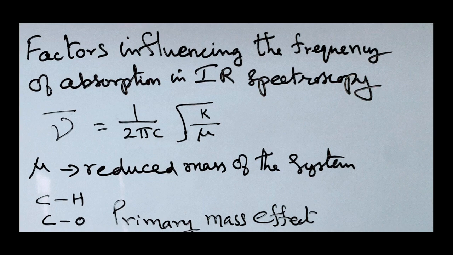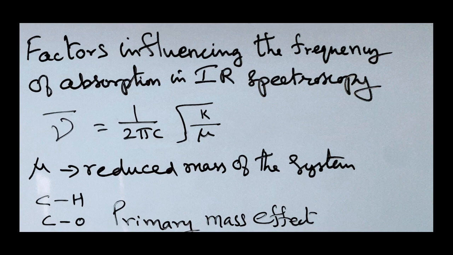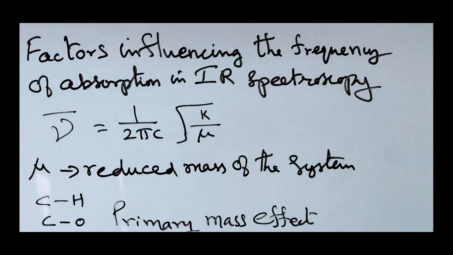Sometimes if it is a molecule of a cyclic system, then the strain present in the cyclic system considerably weakens or strengthens the chemical bonds. So, the change in the bond angle, the change in hybridization, electronic effects, resonance effects, all these effects can affect the strength of a chemical bond. So, the force constant is an important factor that is determining the frequency of absorption in IR spectroscopy.